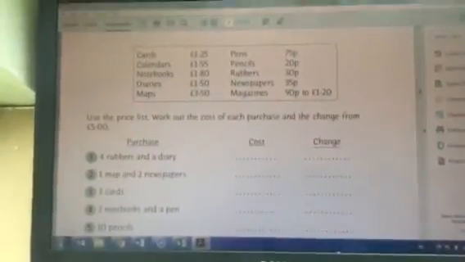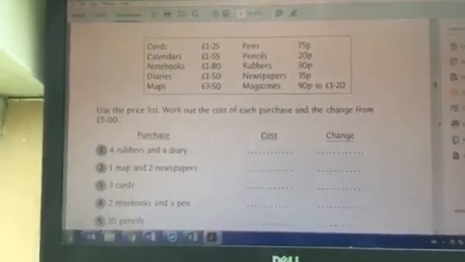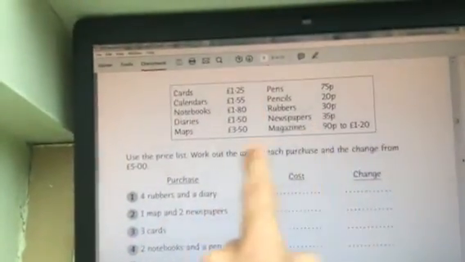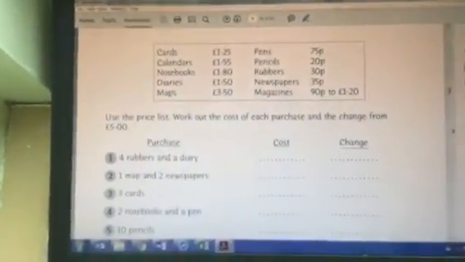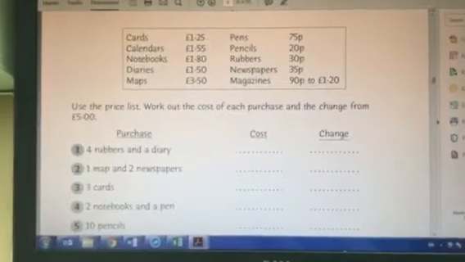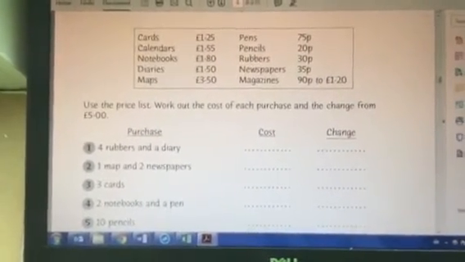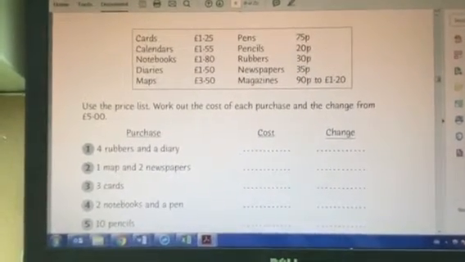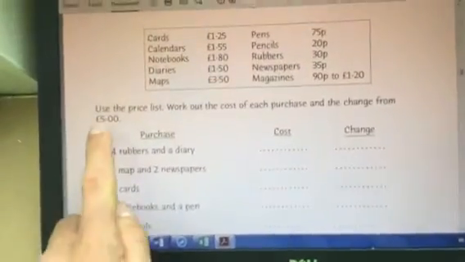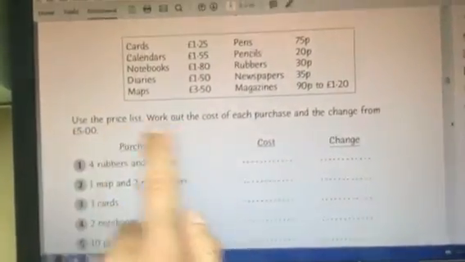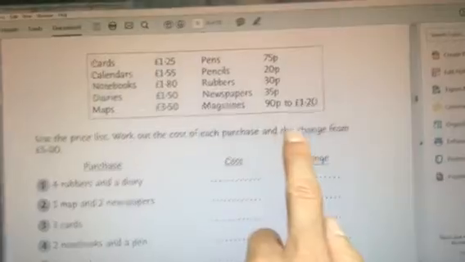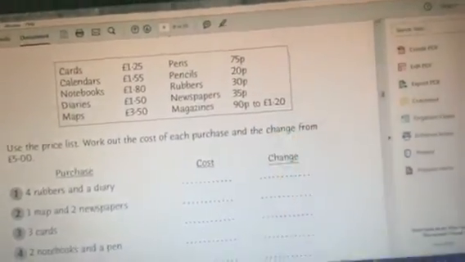So let's look at the question. It says, use the price list, which we know is this here, to work out the cost of each purchase and the change from £5, not £1, £5. So what does this word mean and what does this word mean?